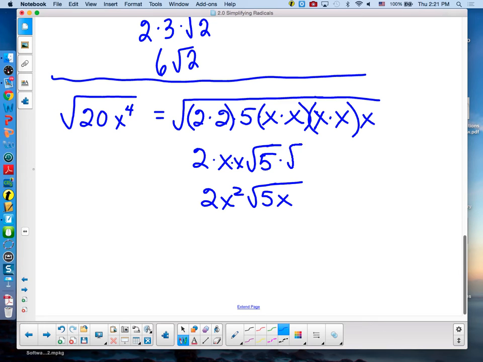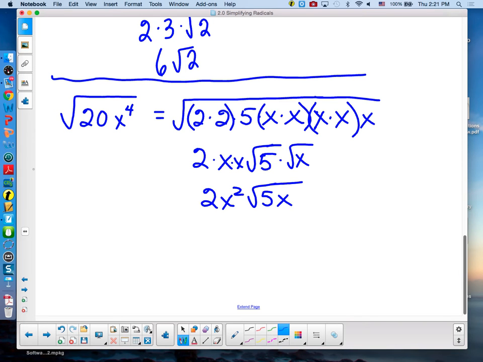Okay. What if it had a y to the second, in addition to that? So there would be a y outside. Okay. So the variable parts, just write down how many of each one there are and see what pairs up.